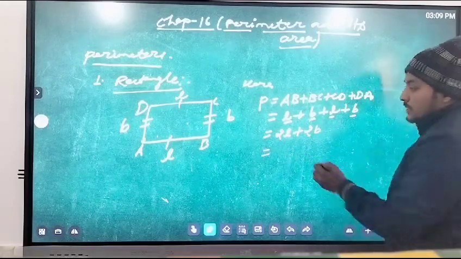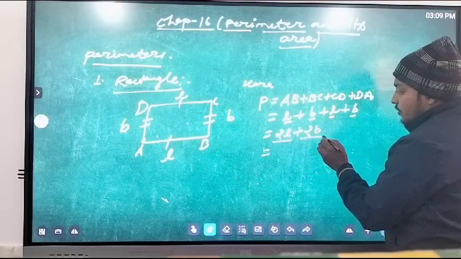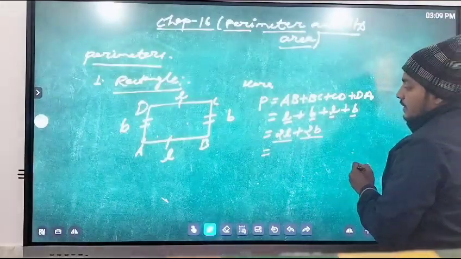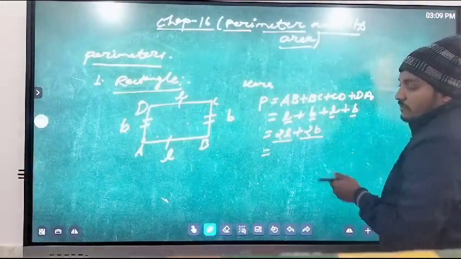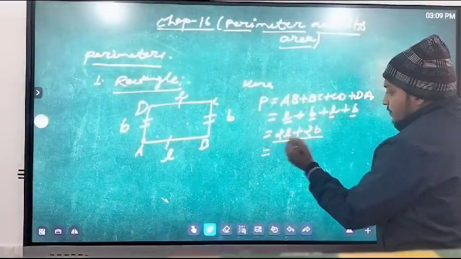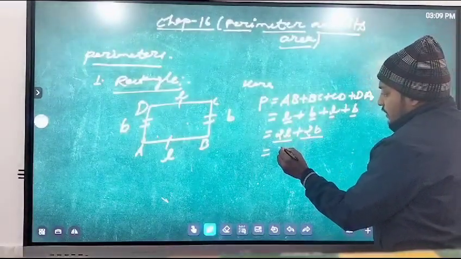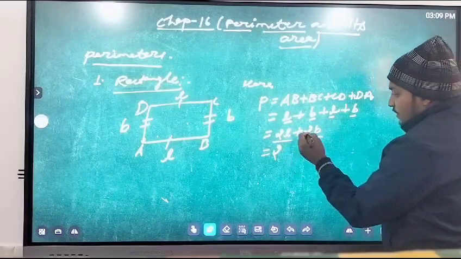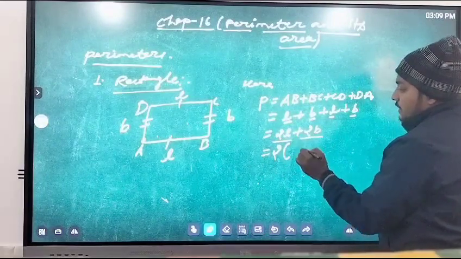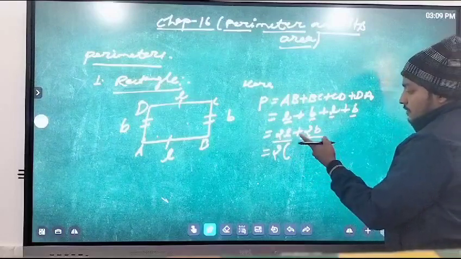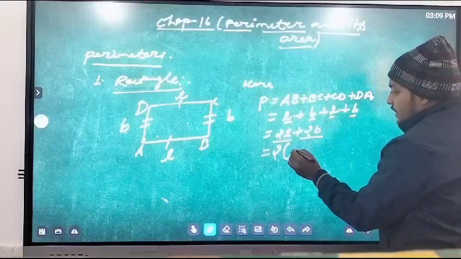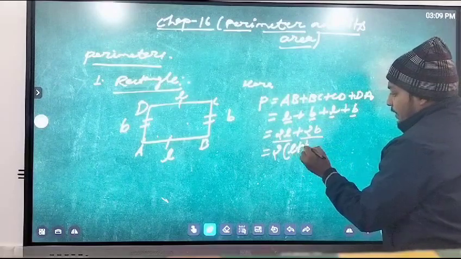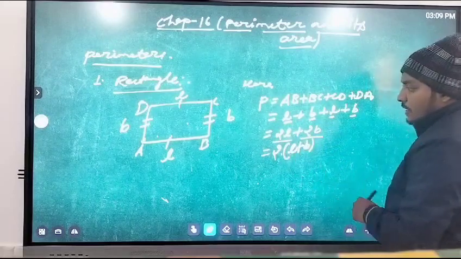Here there are two terms, 2L and 2B, in addition. The common term is 2, so we take 2 outside from both the terms. The remaining expression is L plus B. It means 2 into L plus B.